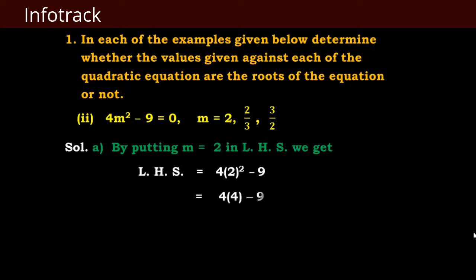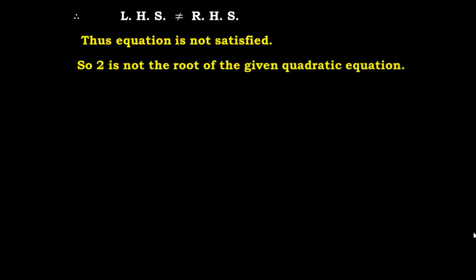So 4 into 4, 16 minus 9 is equal to 7. And this is not equal to RHS. That means LHS is not equal to RHS. So we can say the equation is not satisfied by the value m is equal to 2. So 2 is not the root of the given quadratic equation.